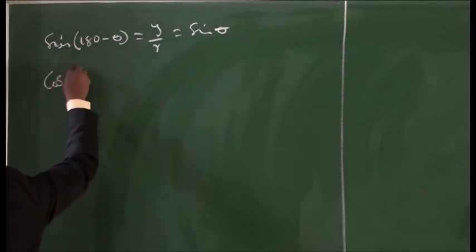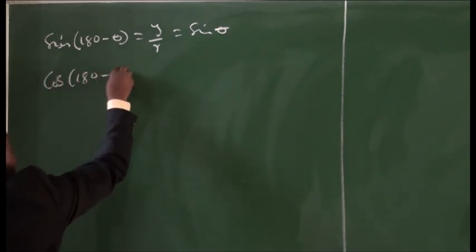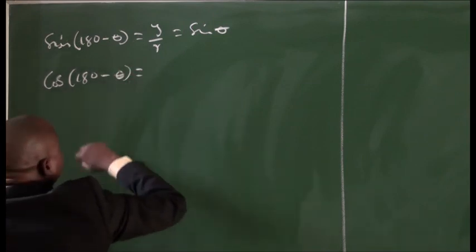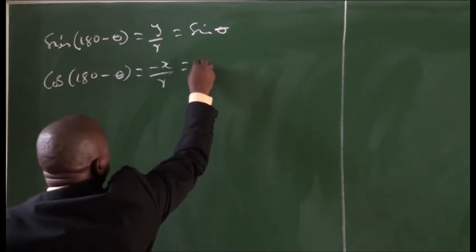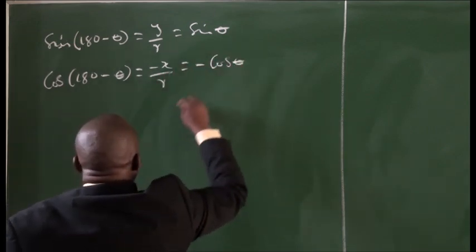Then cos of 180 minus theta will equal minus x over r, which is minus cos theta.